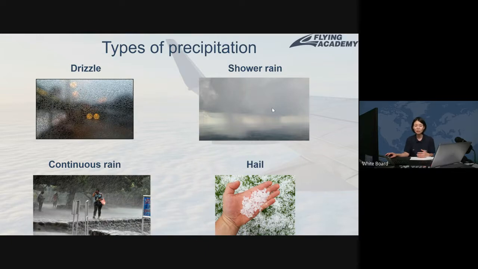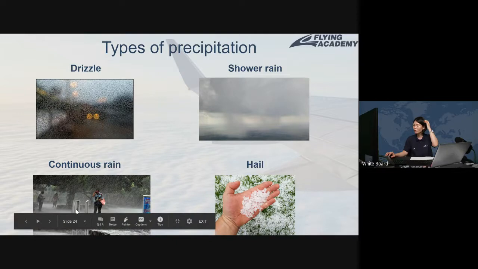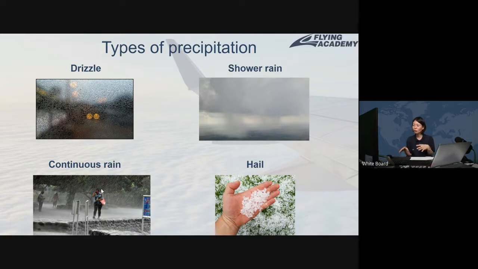So drizzle, shower rain. If you already know the difference between shower rain and continuous rain: shower rain is just pouring and then it stops. Normally we see it in monsoon season, in those equatorial areas which have a rainy season. It just pours all of a sudden, and at that moment your visibility is very bad.